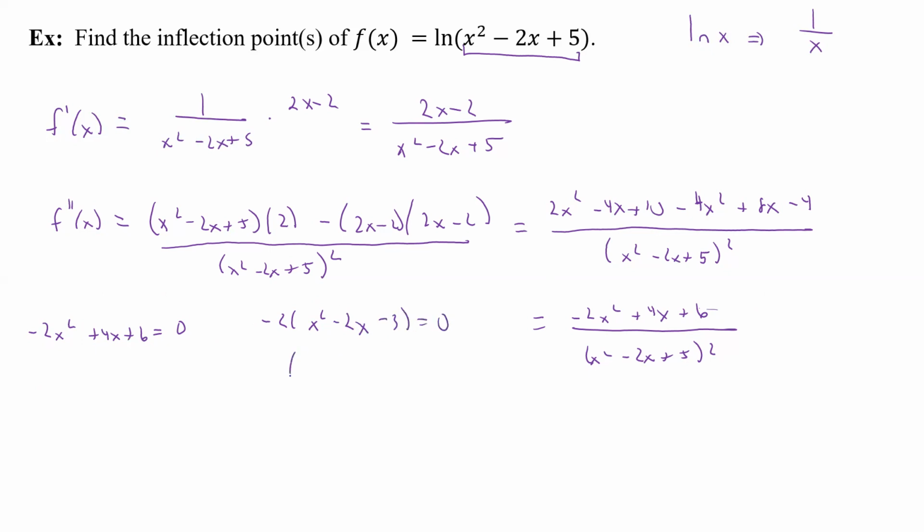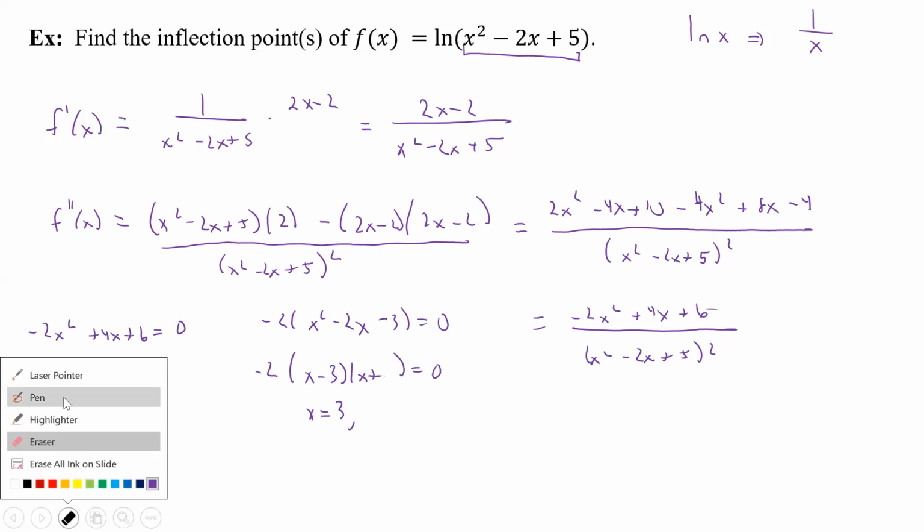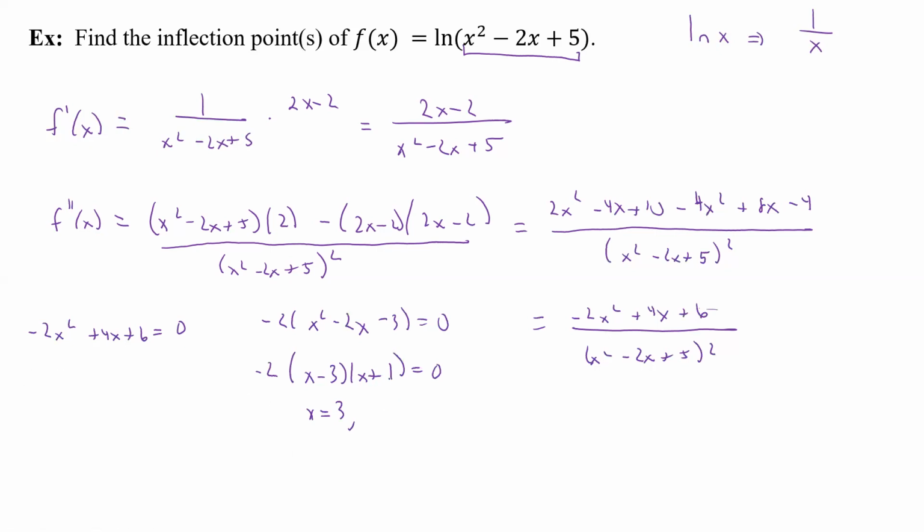Now I can factor this into x minus 3, x plus 1 equals 0. So then x is equal to 3 or, oops, that's not a 2, that's a 1. I was looking at the 6 still. That's a 1, and so x is equal to minus 1.